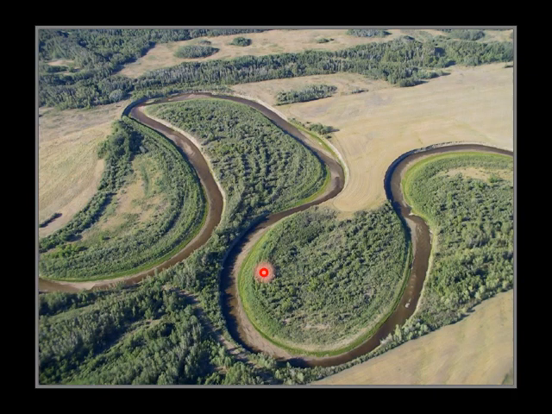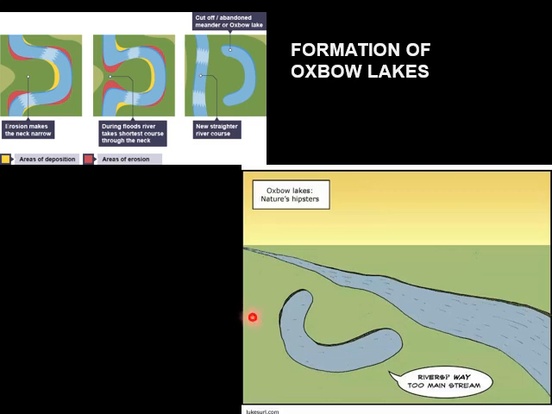This slide shows a highly meandering river, or a mature river. And this shows the formation of oxbow lakes. Erosion takes place to make the neck narrow.